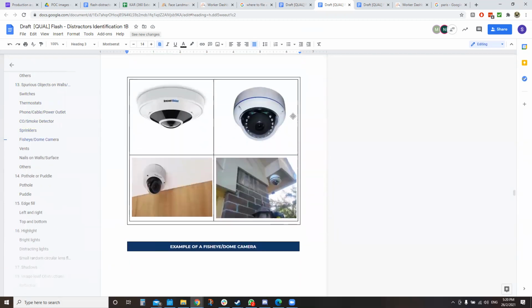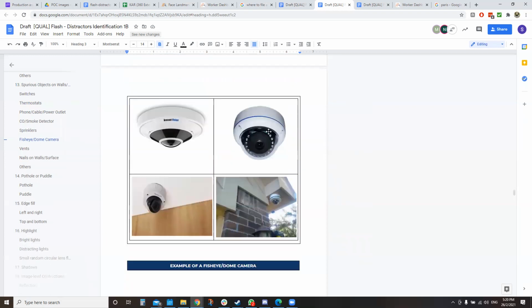Fish eye camera. So this one is the CCTV. Again, this is not under CCTV. The distinction is if you can see them, if they are like this, fish eye dome camera, they are not the regular CCTV camera. You label them as fish eye dome camera, regardless of the place.